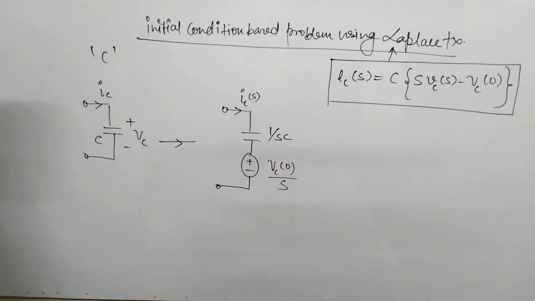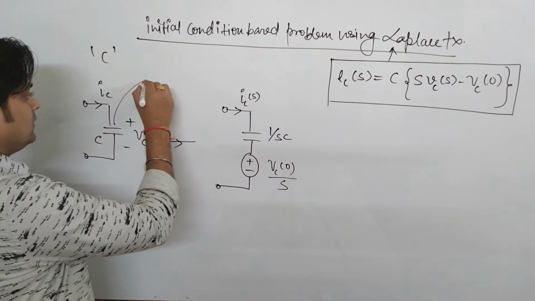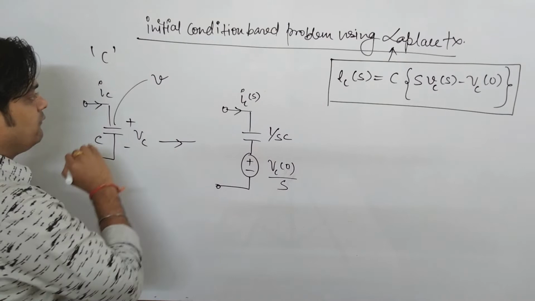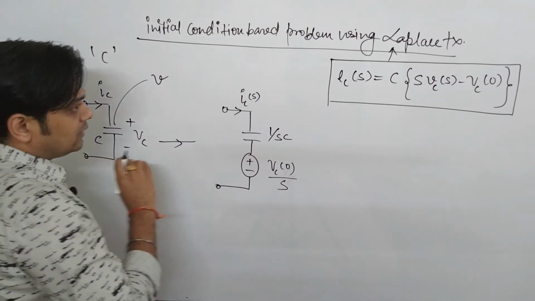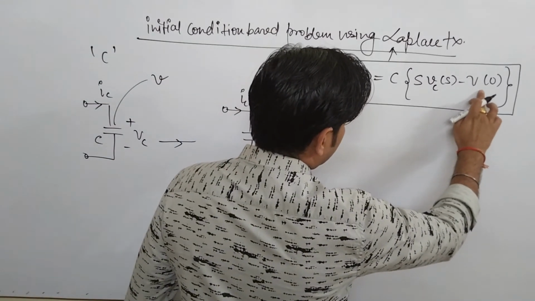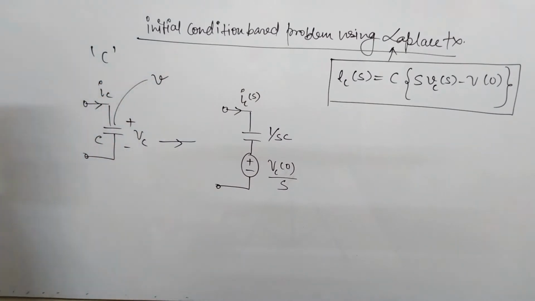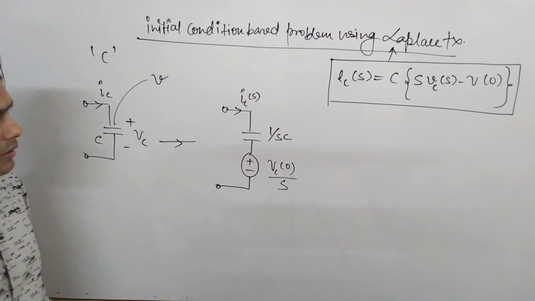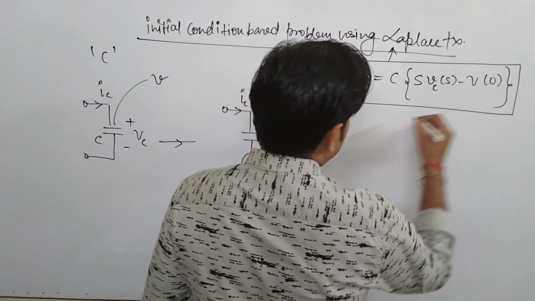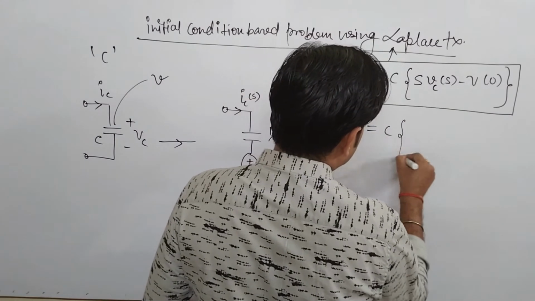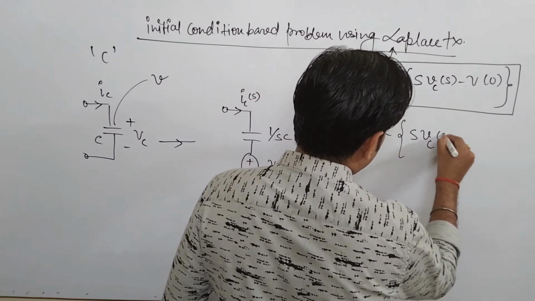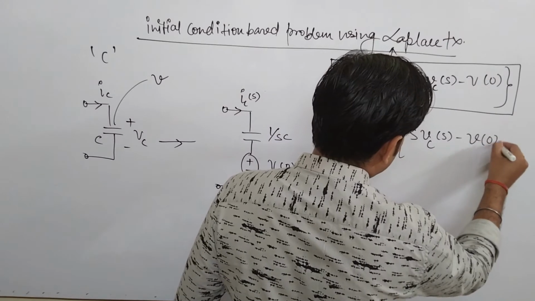However, I have taken that some initial voltage V is present. So for the time being, I will call this voltage V0. Actually here this equation will represent in this form as VCS minus V0.